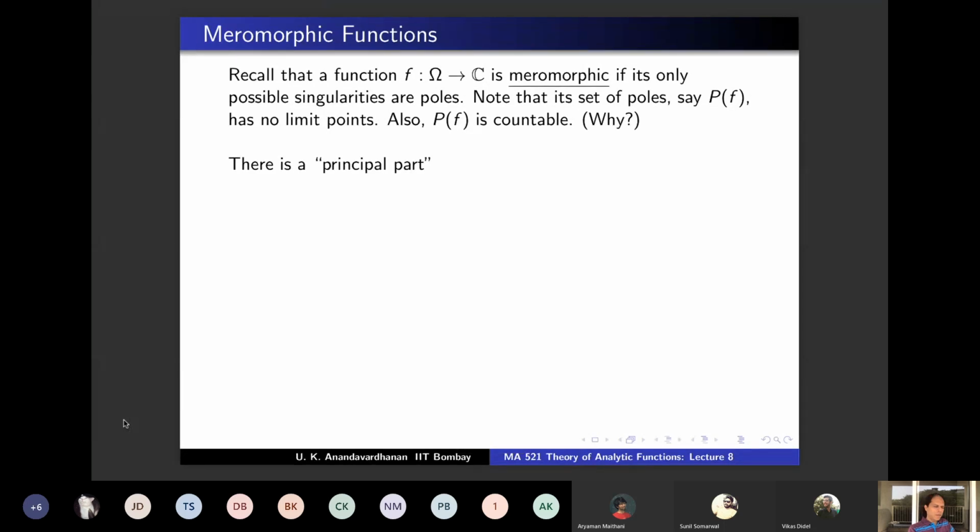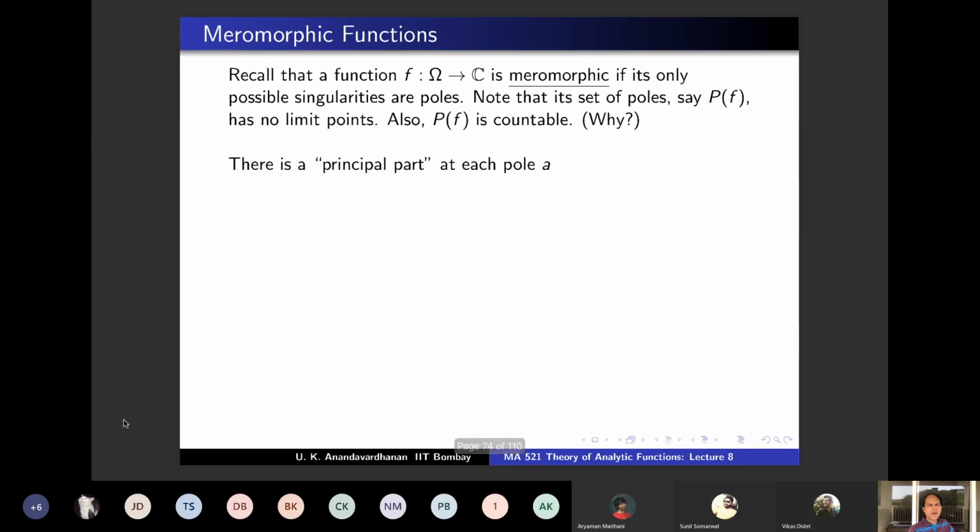Recall when we classified the singularities, we had removable, we had pole, we had essential. What was our definition of pole there? The definition was that you have the principal part: c1 by z minus a, plus c2 by (z minus a) squared, plus etc., finitely many such terms.